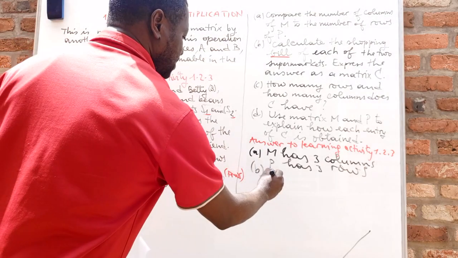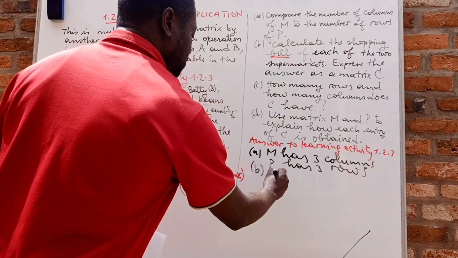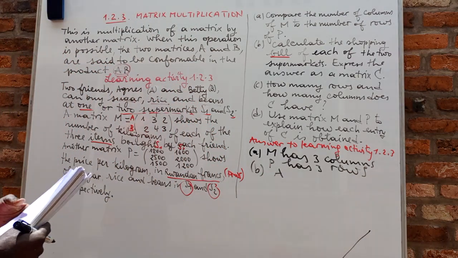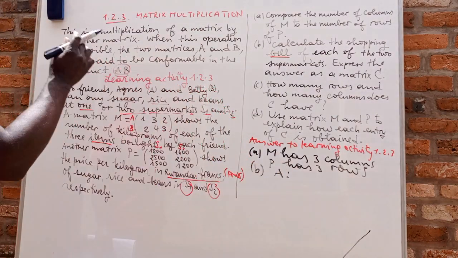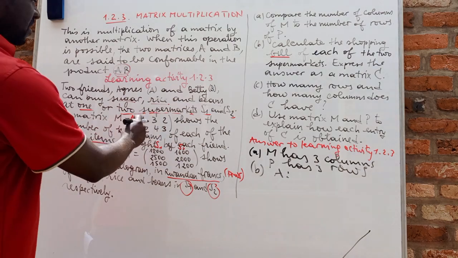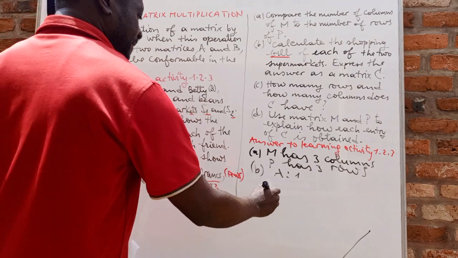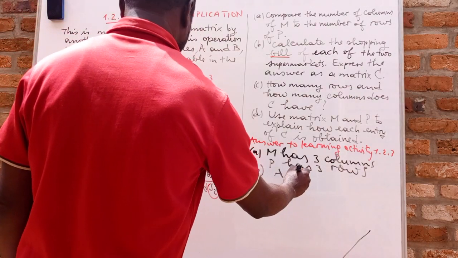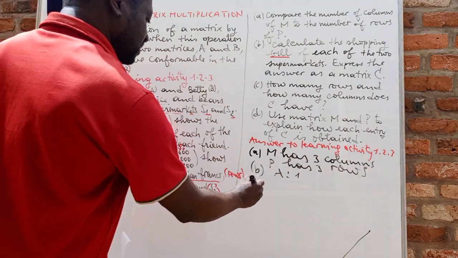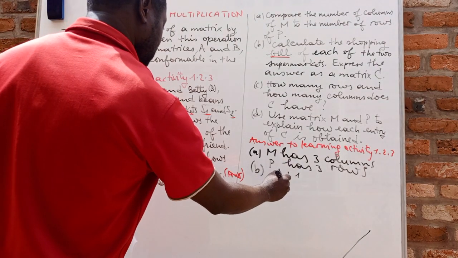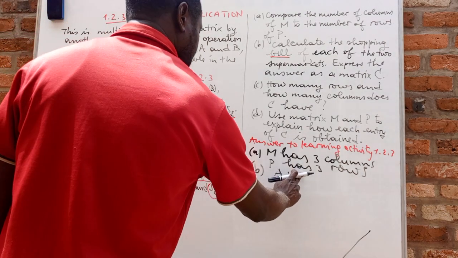Let us calculate the bill for Agnes, for example, in the first supermarket S1. So he bought 1 kilogram.